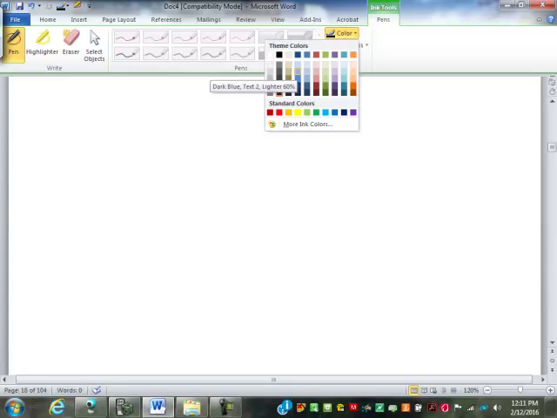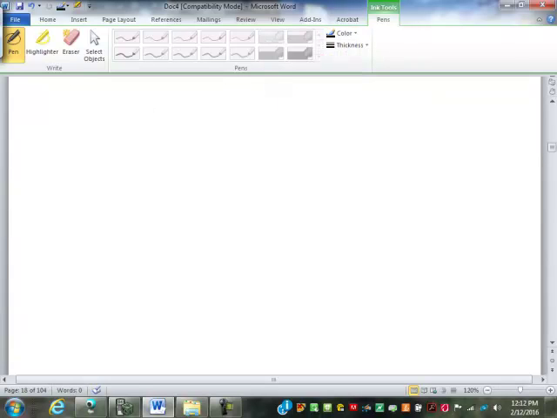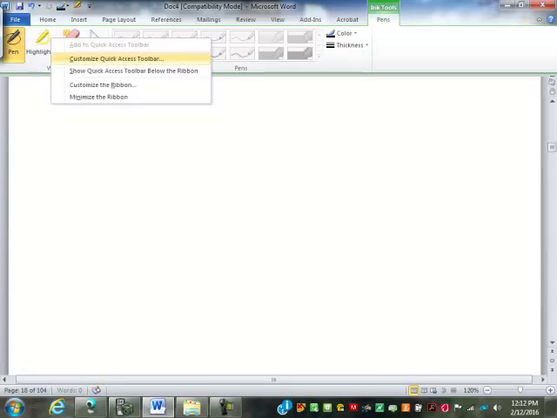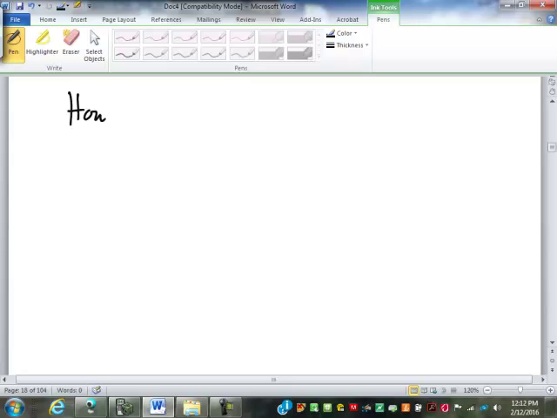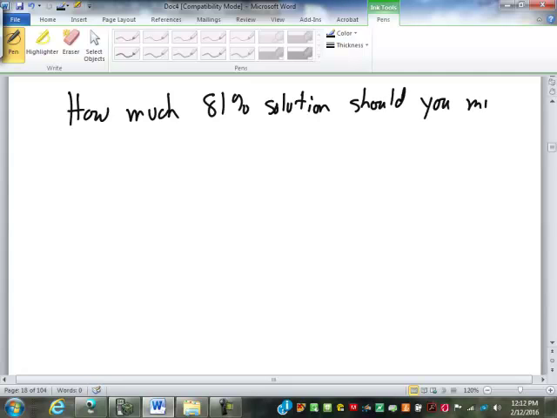Let's do one more example here. In this case, let's say that we have on hand, well, let's just ask the question. Rather than explain it, we're going to just ask, how much 81% solution should you mix with 240 milliliters of, what do I want to put in here now?